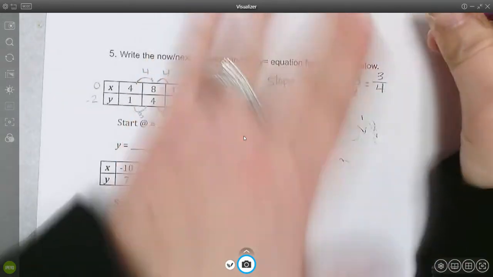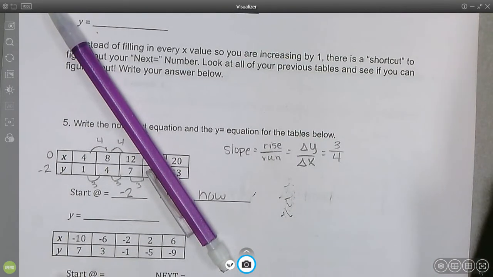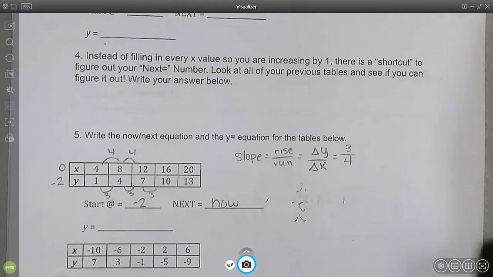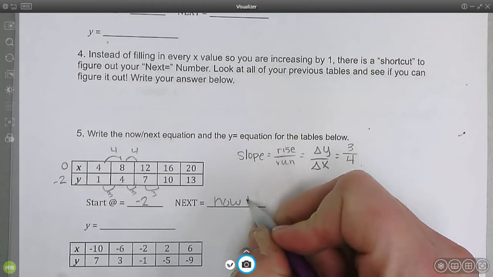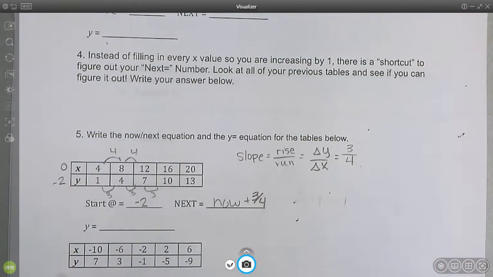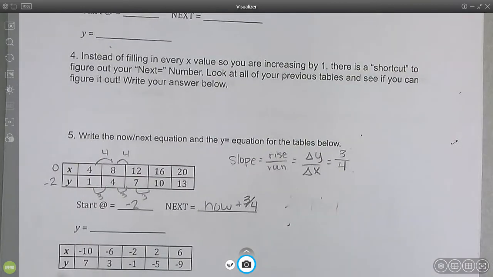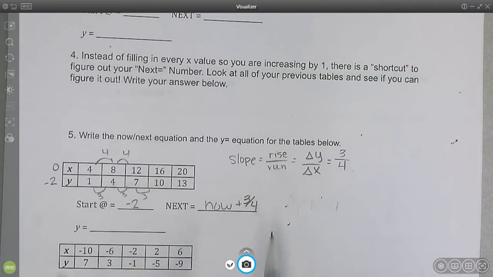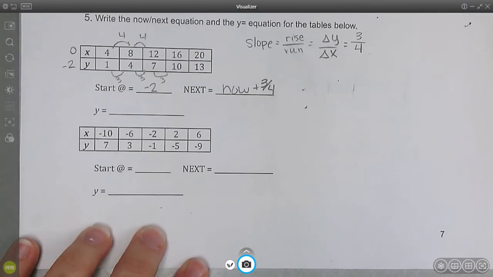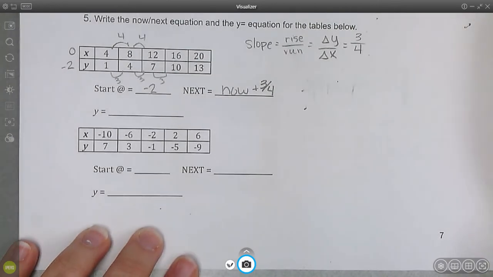You're not multiplying by 3/4. You're adding 3/4. Sorry. We are not doing any multiplication in this packet. Just adding and subtracting, because that is linear. Okay, so you can go ahead and finish the rest of these, and that is it.